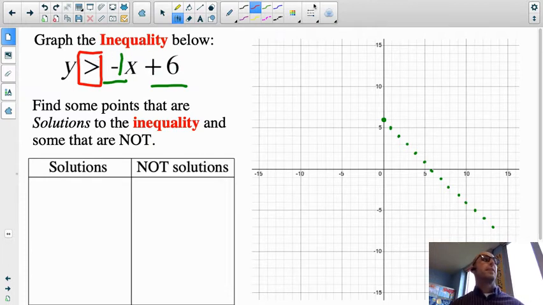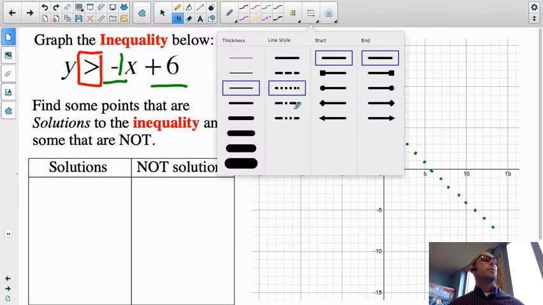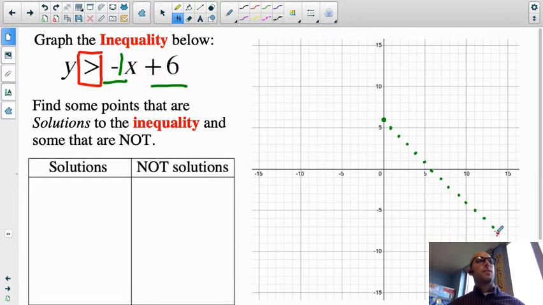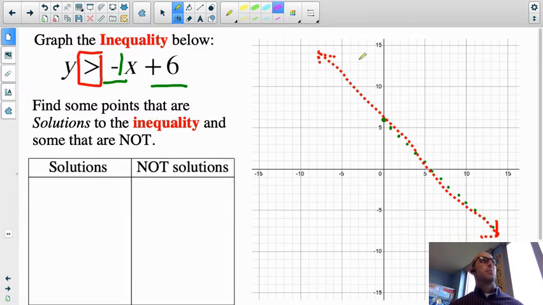So when I draw my line, I'm going to do a dashed or a dotted line. Okay, that's going to indicate that that's my boundary, but I'm not including the points on that line, right? In this case, I only want points that are greater than that line or above that line, okay? Small detail, but it's an important one.